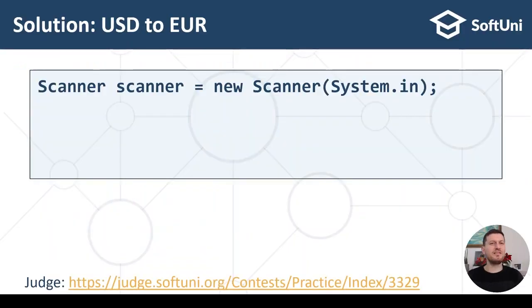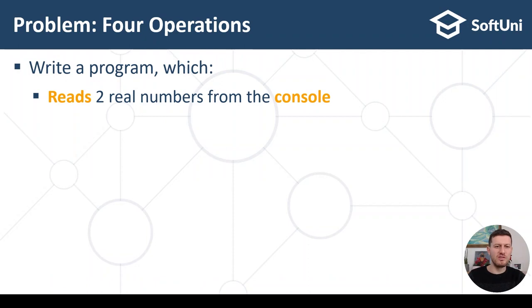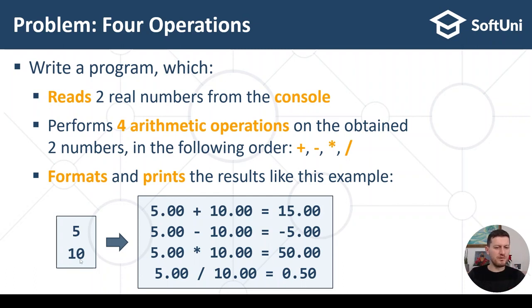Okay, let's continue with the next problem. It's called four operations. We need to write a program which reads 2 real numbers from the console and performs 4 arithmetic operations on these 2 numbers in the following order: plus, minus, multiplication, division, and the output should be like this.